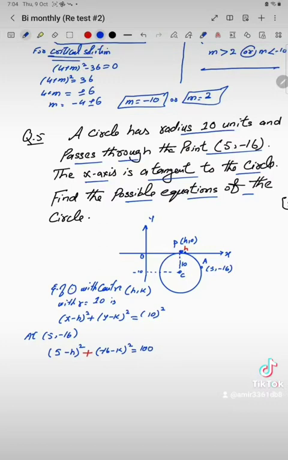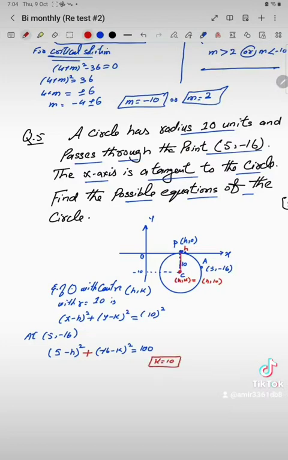You can see the value of k: if I talk about the center (h, k), this is 10, so k can be 10, it will be (h, 10).